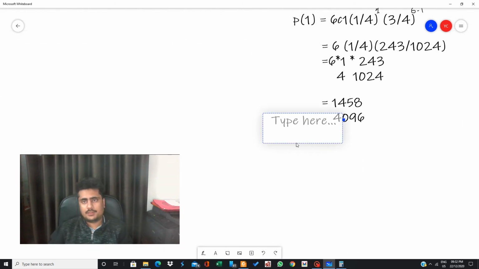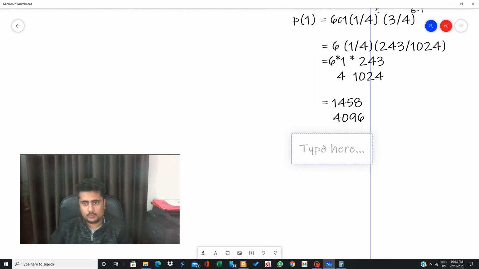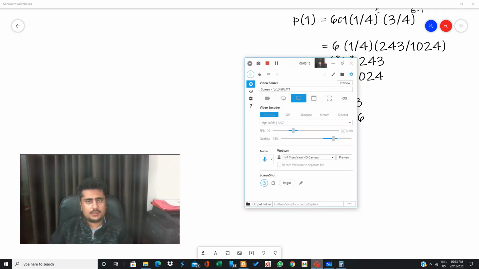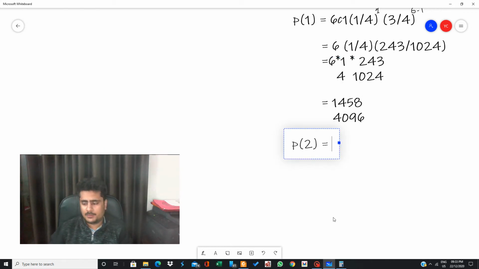Then let us find P of 2. Now you got the process, I think so. Yes, the process is same. Here we'll do 6C2, 1/4 raised to 2 and 3/4 raised to 6 minus 2.